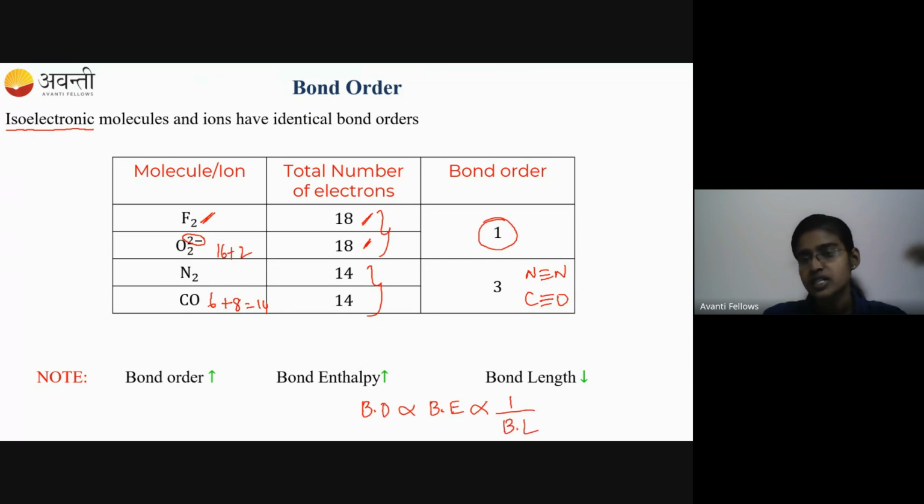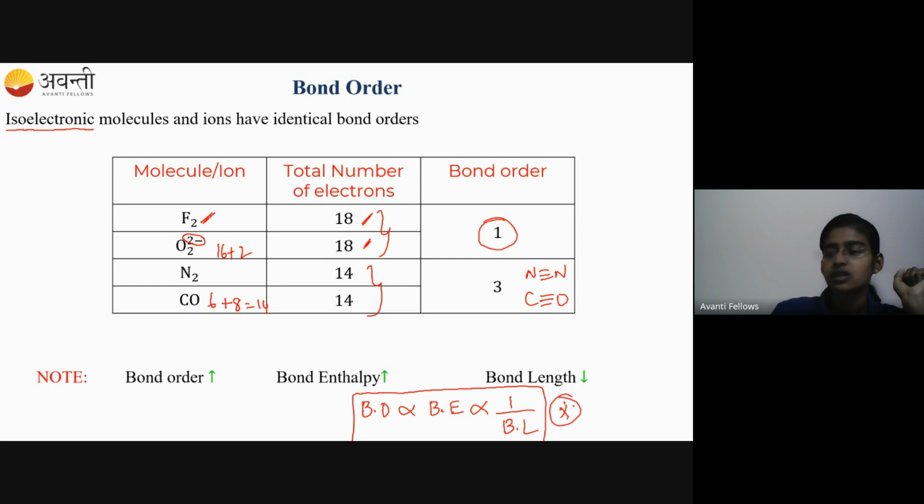If bond order is more, the energy required to break the bond is more, and the bond length will be very short. Got it? This is a very important relation you have to keep in mind. Just write it, put an important symbol over it and keep it. Okay. So is this clear for all? Are all the 4 bond parameters clear for JNV Ramnagar students?